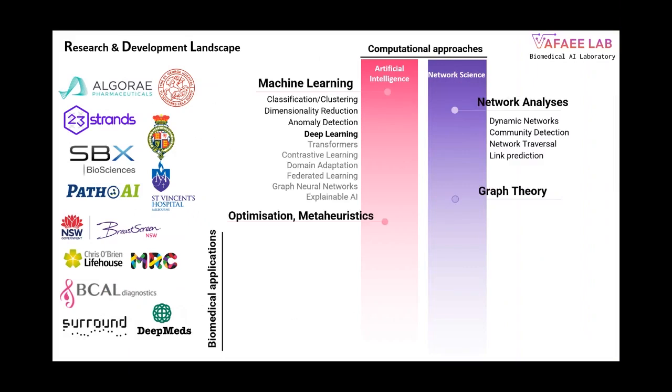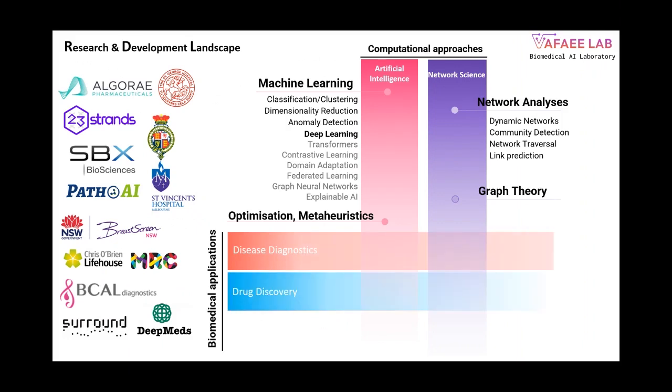Very quickly about the research and development landscape of my lab. There are two main pillars: artificial intelligence and network science. Focusing on artificial intelligence, we're working on a variety of different methods, which is not my focus today because we would like to focus on data-centric AI rather than model-centric AI, but it's just to showcase that we are heavily using AI across multiple questions.